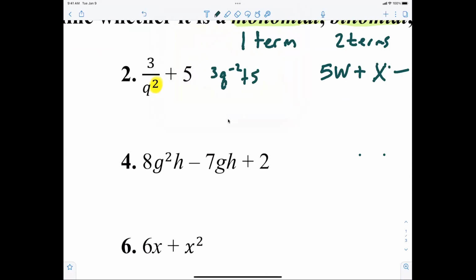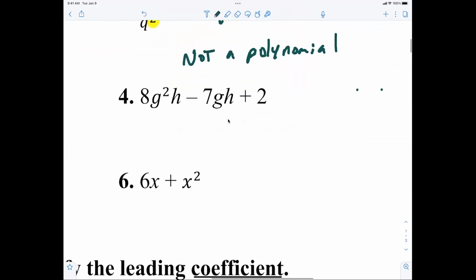Is this a whole number? No, so it's not a polynomial. All right. Now, number 4 is called a what? Trinomial. So everybody put down a trinomial.